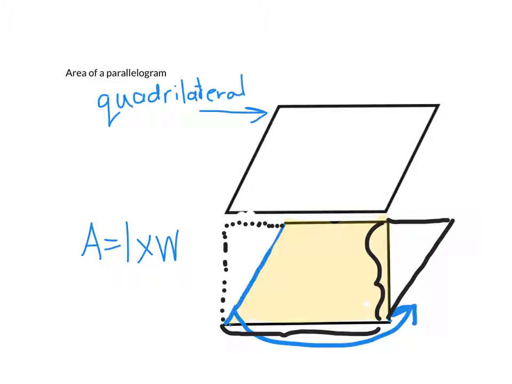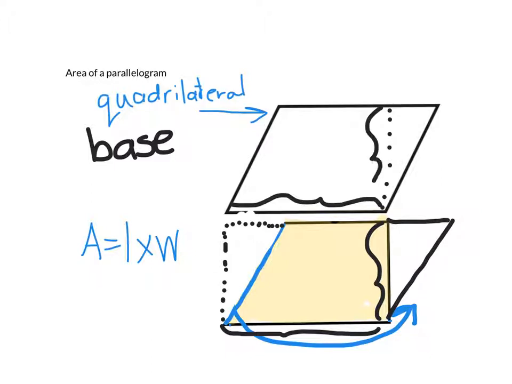We're going to use this length, which is our base, and now we're going to use this line, which is right here. This is no longer the width, this is now the height of the parallelogram.